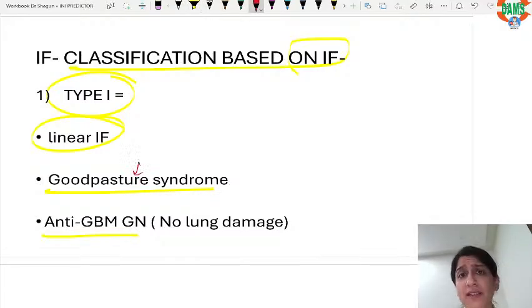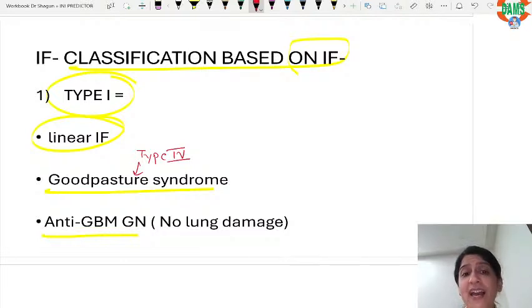Yes or no? Yes. In Goodpasture, remember, you have an antibody formation against the NC1 domain of the alpha 3 chain of type 4 collagen. So Goodpasture is also anti-GBM.